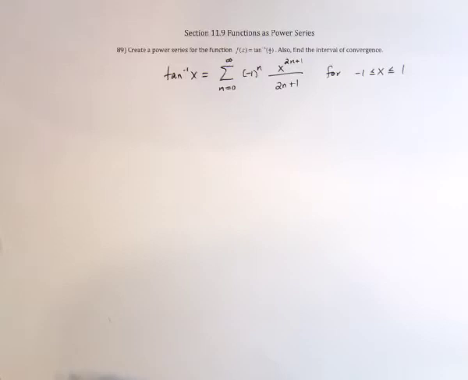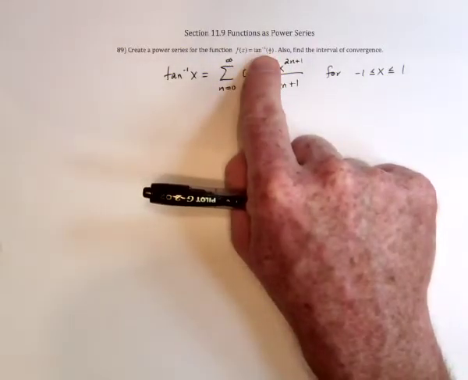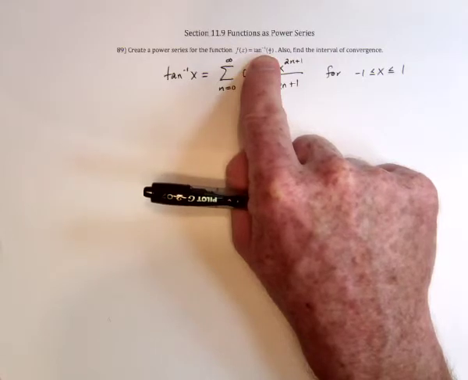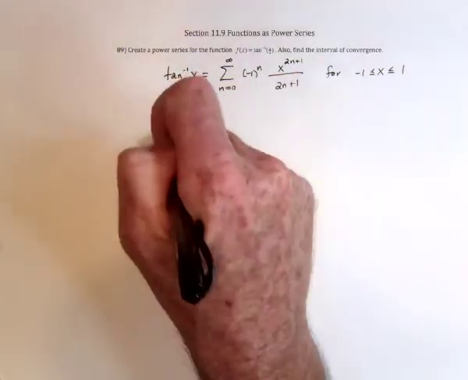So then, with this one, what's being asked for is create a power series for tangent inverse, but it's x over 2. So all we need to do is replace this and this with x over 2.